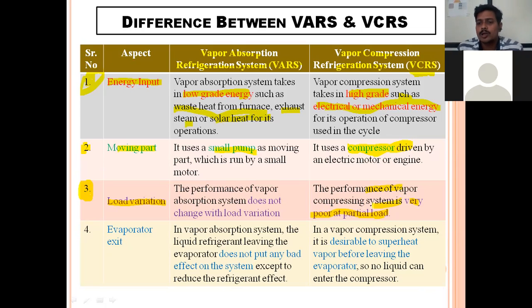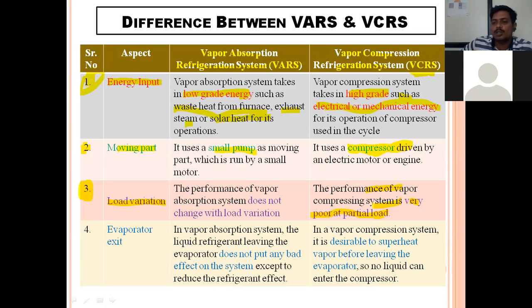Why is this so? Because we can't change or adjust the mass of refrigerant which is circulating through the vapor compression refrigeration system. Whatever amount of refrigerant we fill inside the system, all of that refrigerant we have to circulate all the time. So if the load inside the evaporator is less, then the mass of refrigerant will absorb less amount of heat.